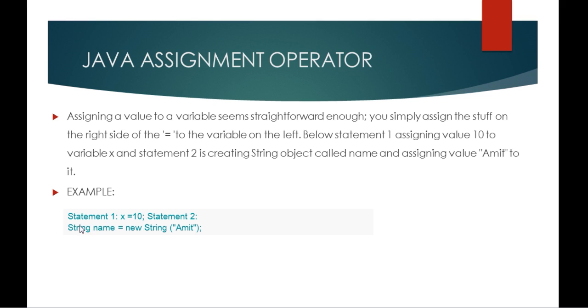Halimbawa dito, we had this data type String with a variable name, and we will give a value to this variable name, string amit. So, every time na may nakikita tayo na equal sign, ibig sabihin, we're already assigning a value to that certain variable.